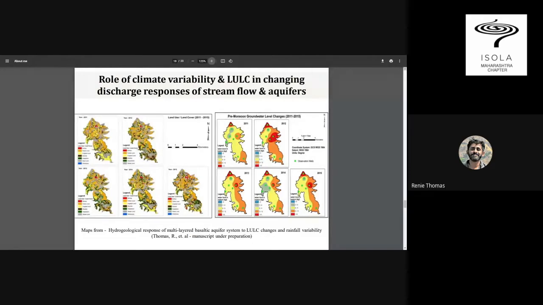For example, in the Western Ghats, you might have heard of Tada, the lateritic plateau. Often people say it's a wasteland, it doesn't have any value, but these lateritic rocks which cap the Western Ghats mountains are actually like a water tower. They are like a sponge. They hold water and slowly release it. They are good aquifers sitting right on top.